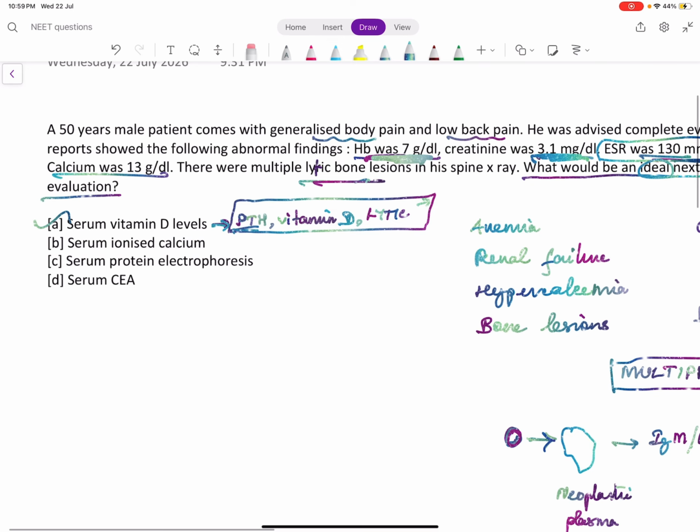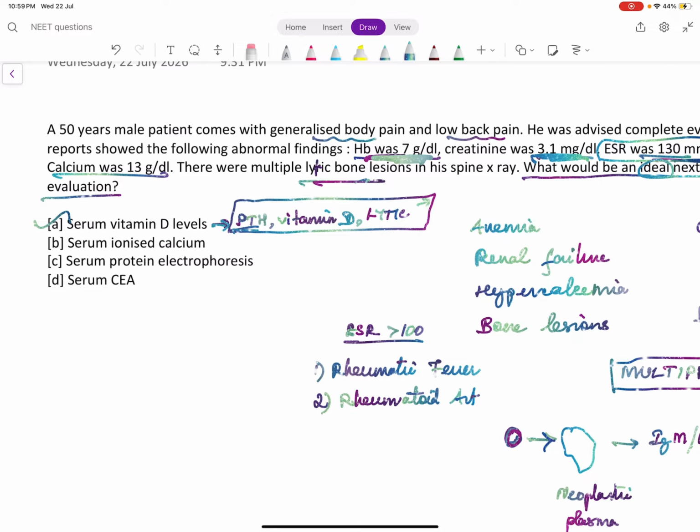And ESR more than 100 always occurs in only few conditions, like it occurs in rheumatic fever, rheumatoid arthritis, multiple myeloma, and tuberculosis.